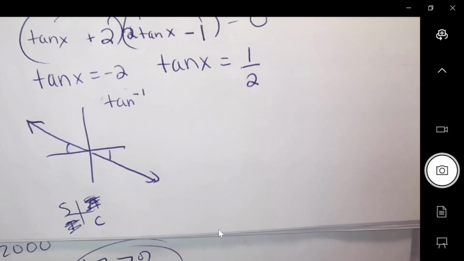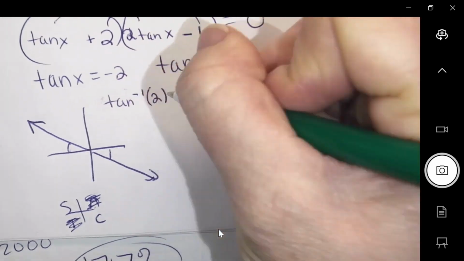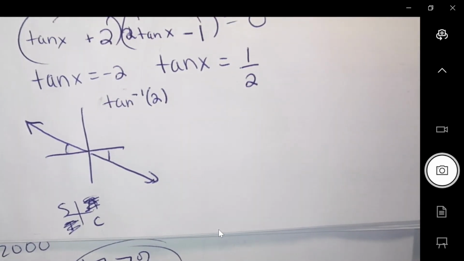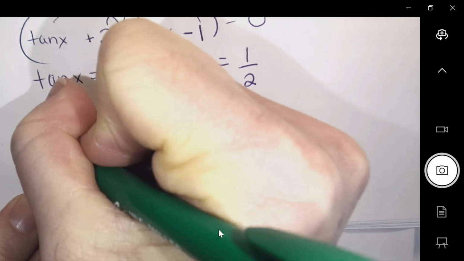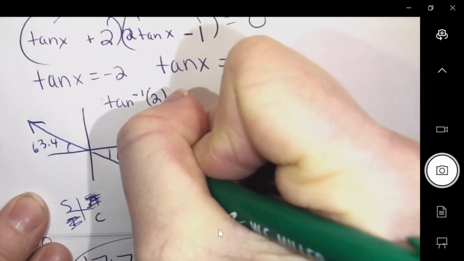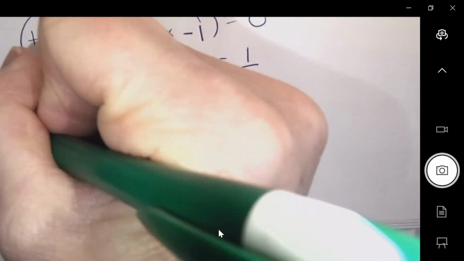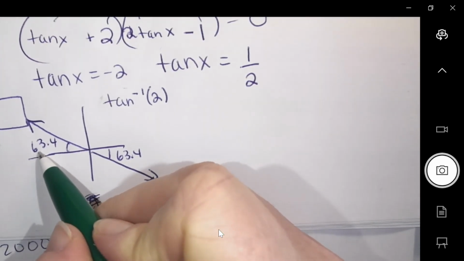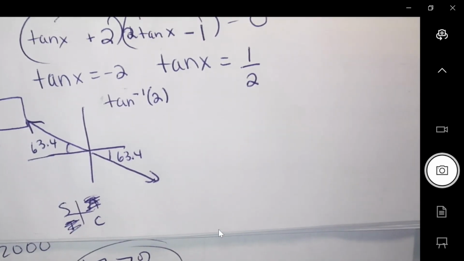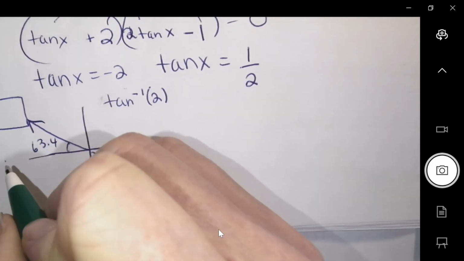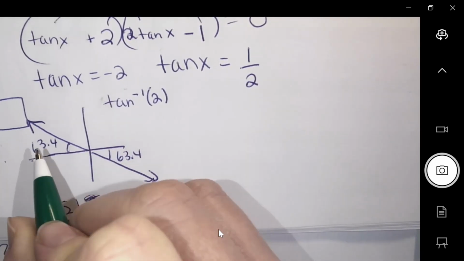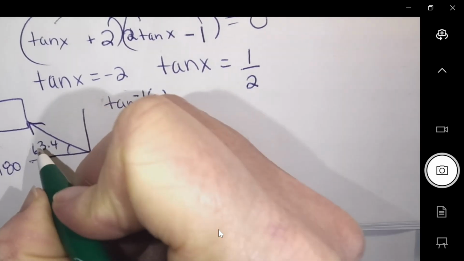And what do I always preach? Don't put the negatives in the math. The negatives are in its location. Then we put the negatives into the quadrant. So tan inverse 2 is 63.4 degrees. Compared to what? What is this spot right here? 26.6, 180.